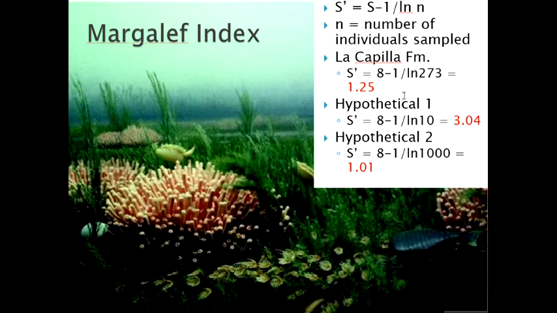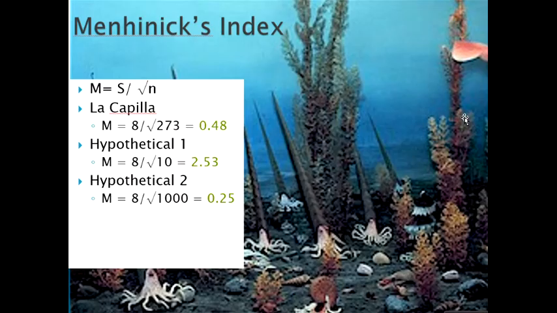If you want to compare things, you would compare Margalef to Margalef, or Menhinick to Menhinick. You would not compare a value of Menhinick for one place and a Margalef for another.